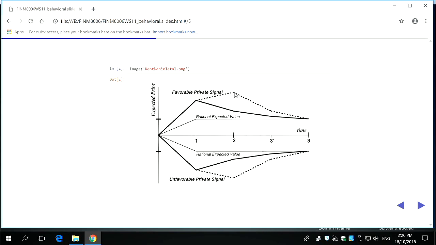When it essentially goes down, that's the return reversal effect. So with overconfidence, we observe the overreaction. With self-attribution, we observe momentum and the return reversal. That's one of the models.